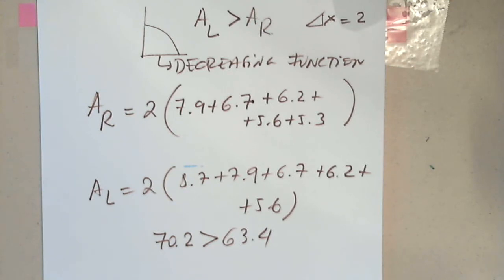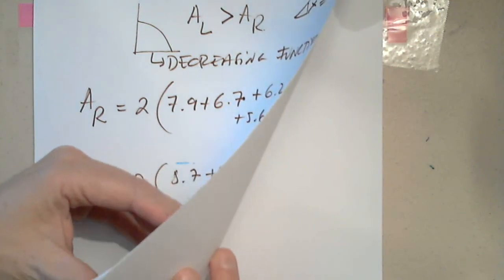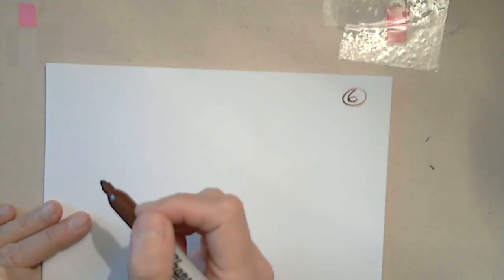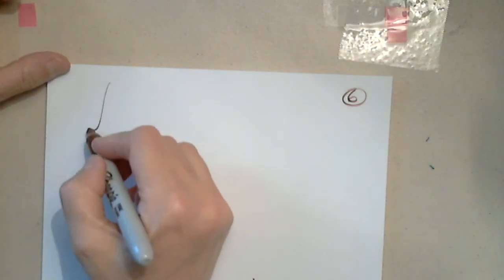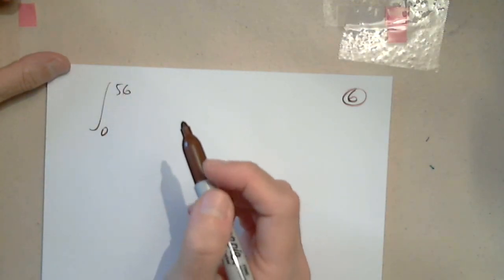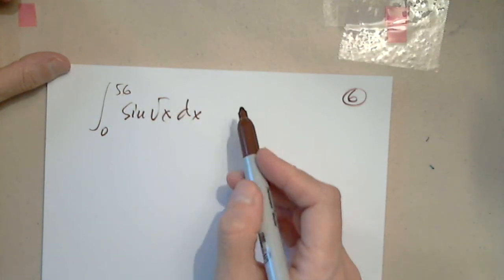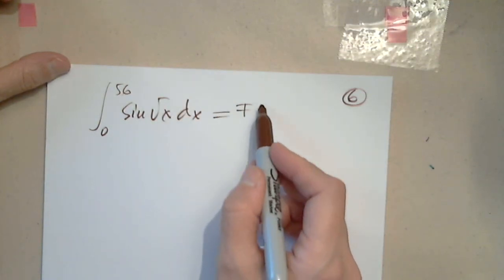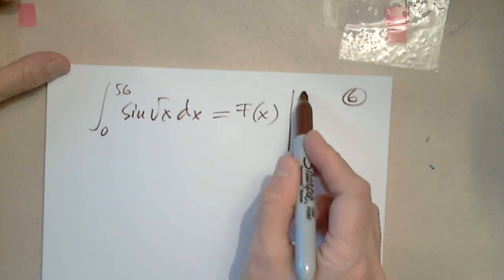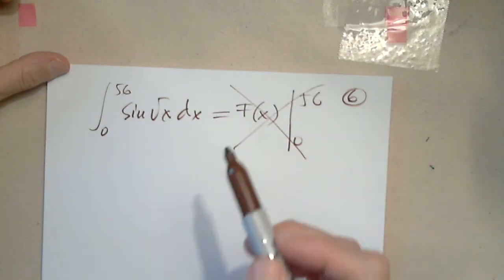So for some integrals, for example, and we had an example like this before, the integral from 0 to 56 of sine of the square root of x dx, we cannot find the antiderivative by hand.